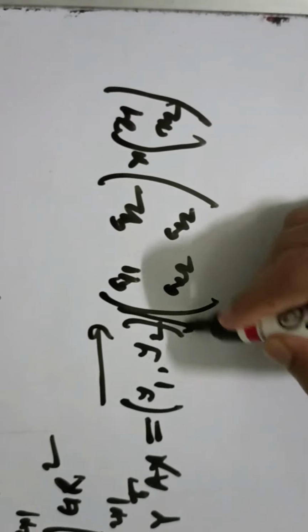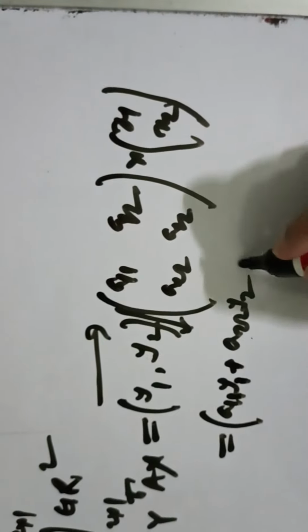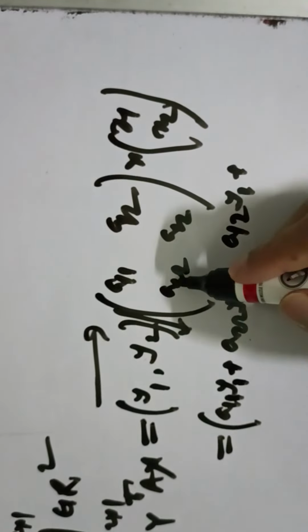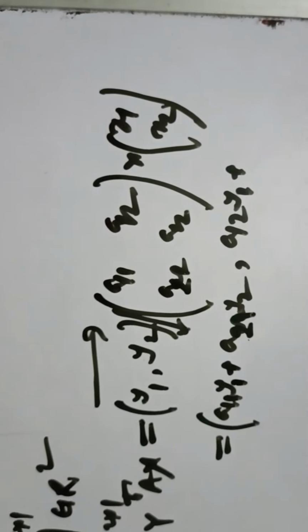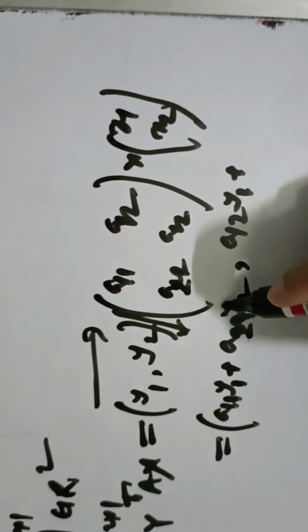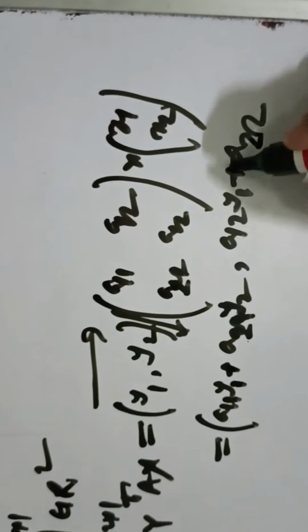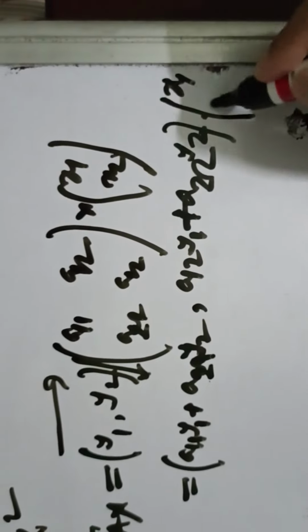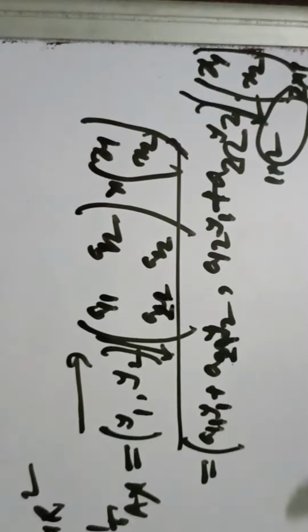Multiplying the row vector with the matrix gives a row vector, then multiplying with the column vector x1, x2 gives a 1 cross 1 matrix, which is a real number. So what do we get if we multiply?